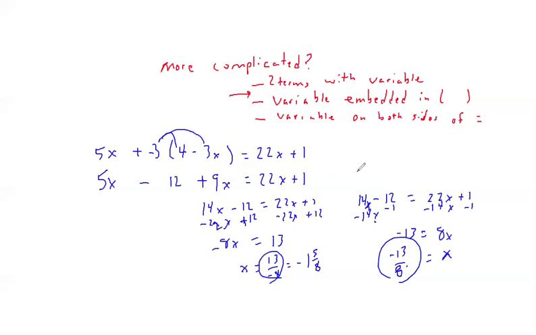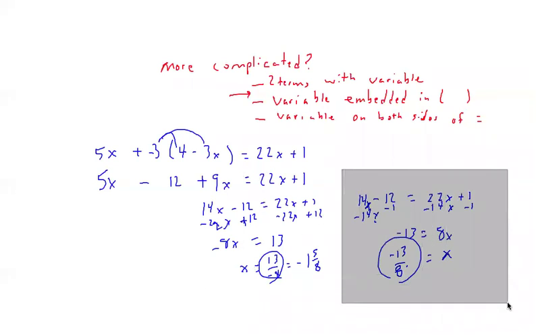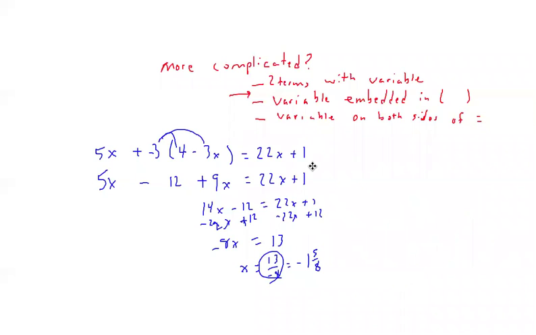Either side you want. The only thing is, if you decide to put them both on the same side, you end up with negative 8x minus 13 equals 0.